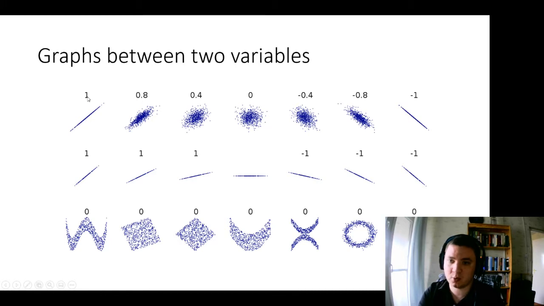For example, if we have 1 for the correlation coefficient, we have an ideal connection and relationship between the two variables, because from one variable we can calculate with a function the other variable.